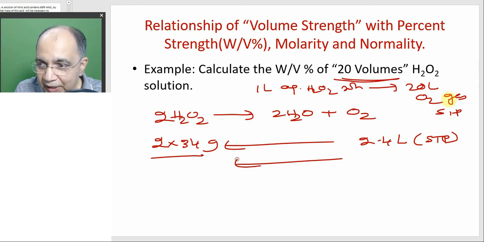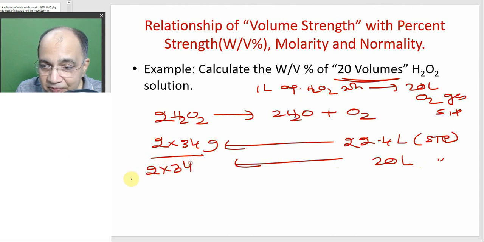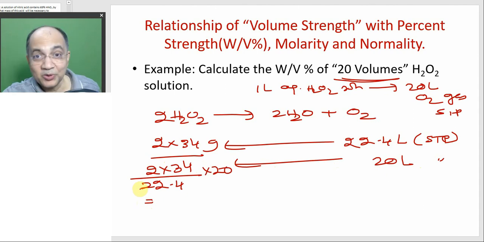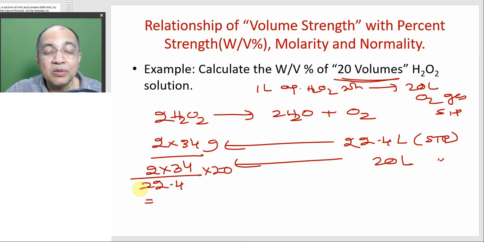Now, 20 liters of oxygen gas at STP is produced by how much? Let me calculate, because all my previous calculations have gone to oblivion.